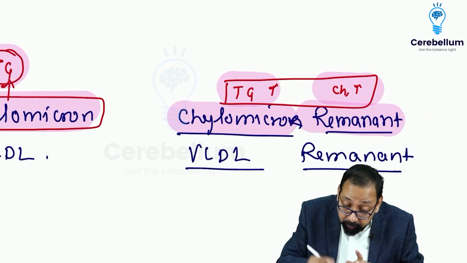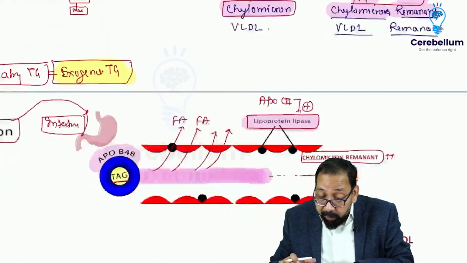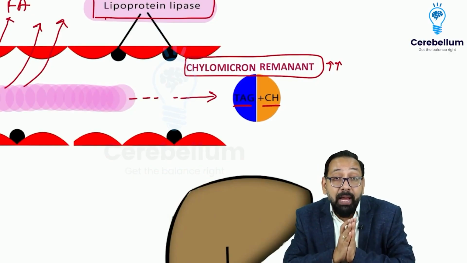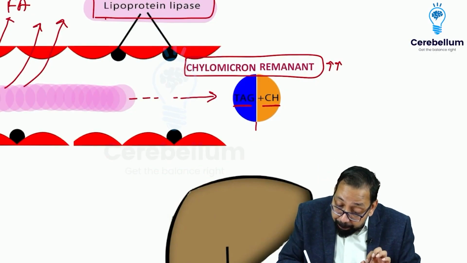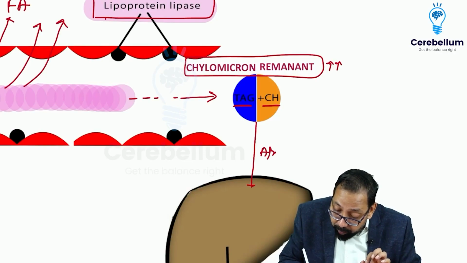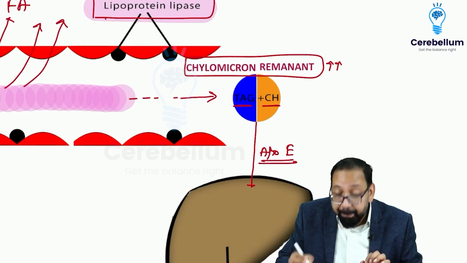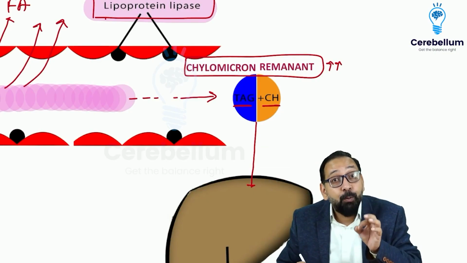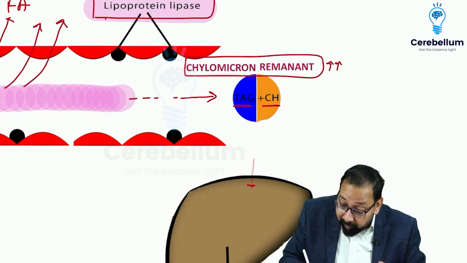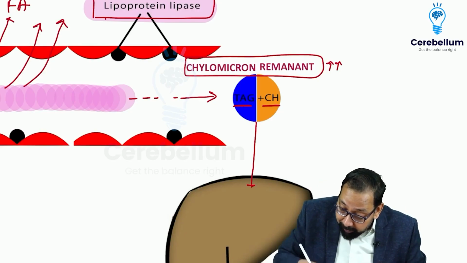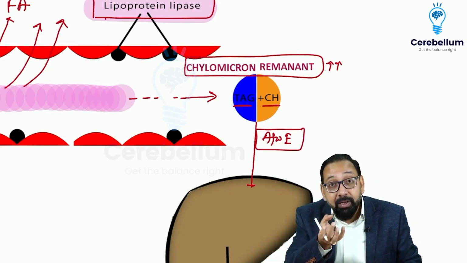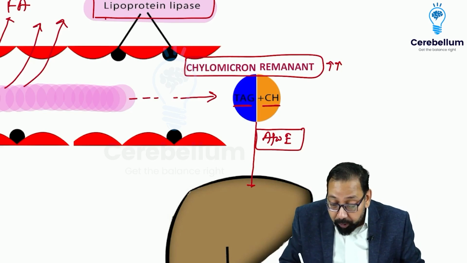Now, chylomicron remnant is further metabolized with the help of apoprotein E, ApoE. A question is asked: the liver takes up chylomicron remnant with the help of ApoE.